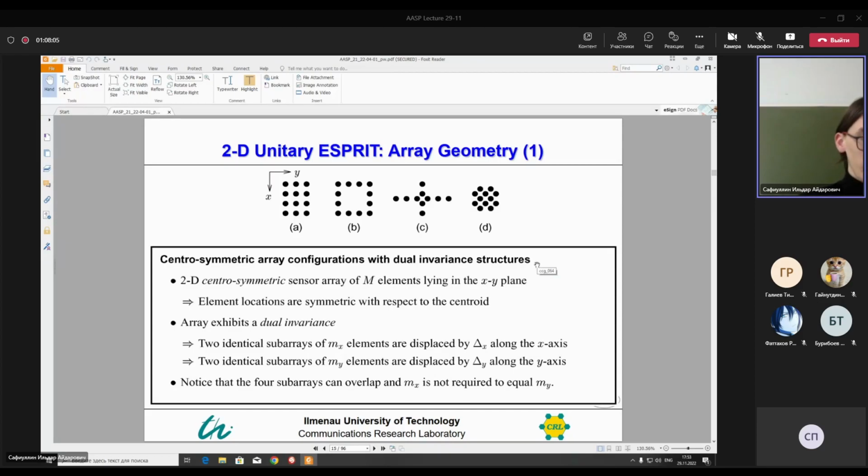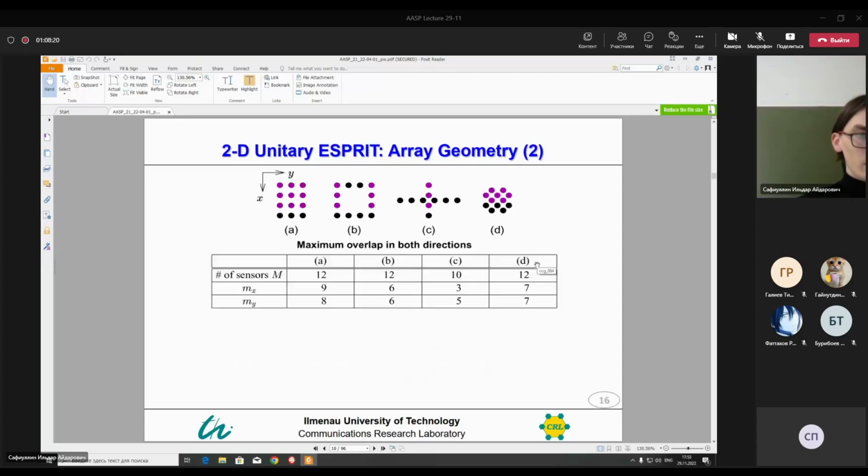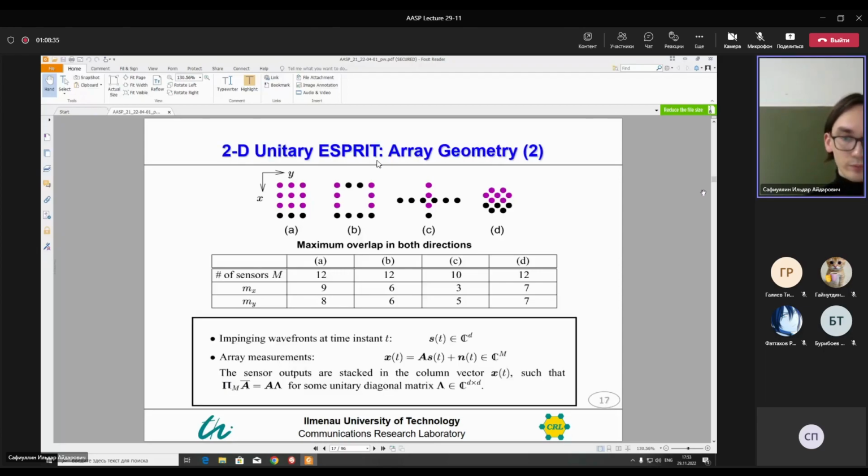And here we will have a different number of antennas for the X-axis and Y-axis. So we will see it in the next slides. Here it is hard to see, but I think we will go next, and then if you want, we will go back to this slide in the future.